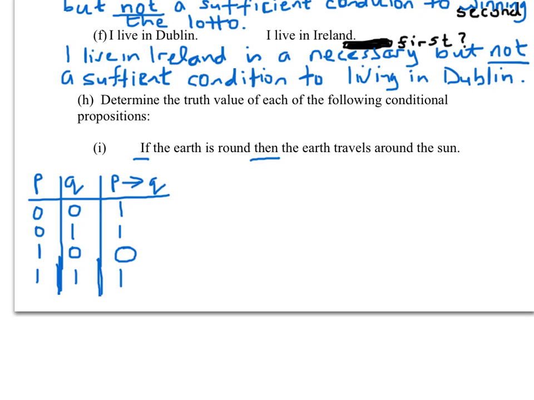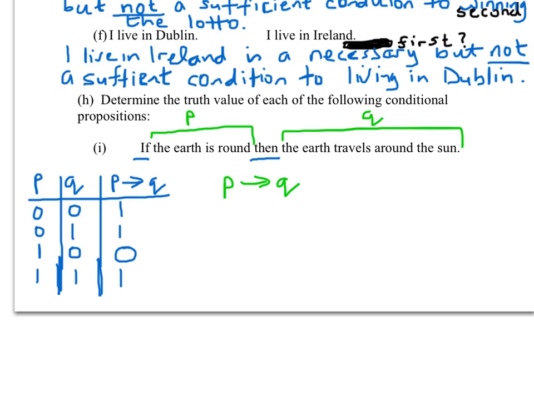Now let me go back to my original statement. If the earth is round, let's call this part proposition P, and then the earth travels around the sun, let's call that proposition Q. So this English statement in logic would look like P implies Q, or if P then Q. Now if you look at proposition P, the earth is round.